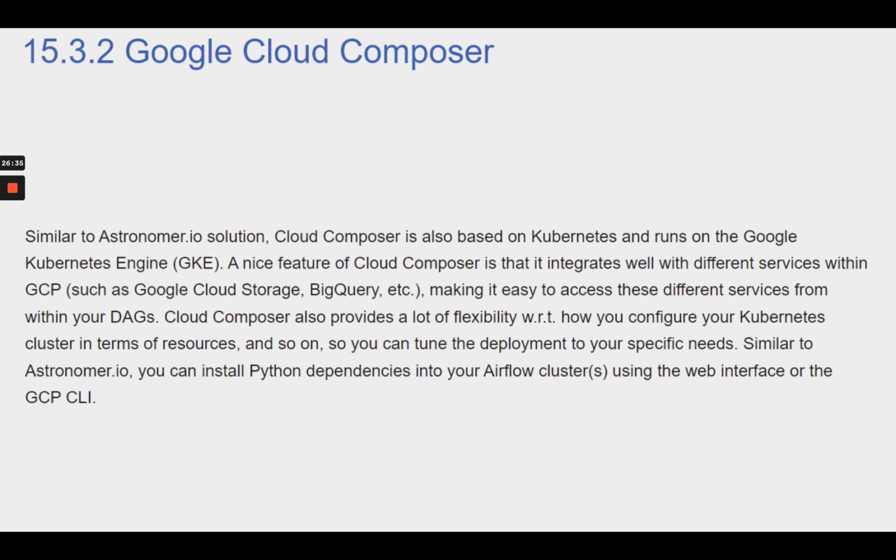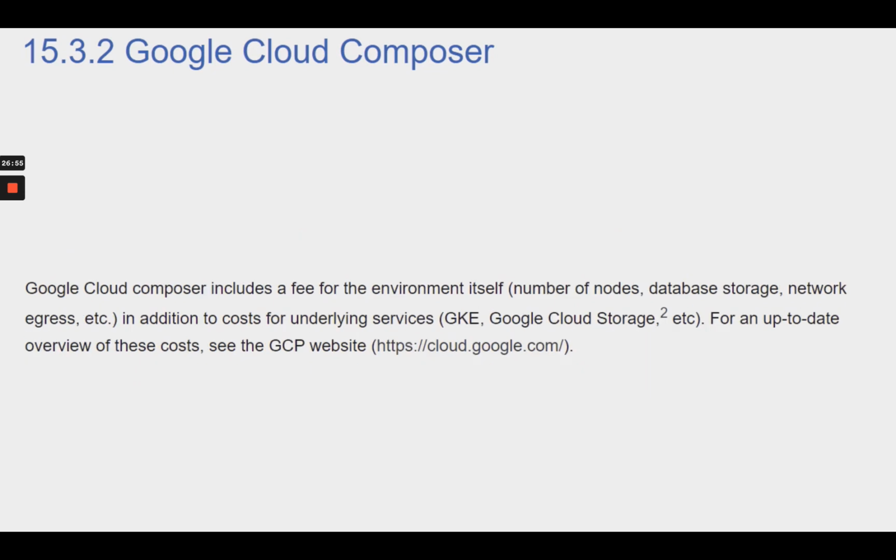Cloud Composer also provides a lot of flexibility with regard to how you configure your Kubernetes cluster in terms of resources, and so on, so you can tune the deployment to your specific needs. Similar to Astronomer.io, you can install Python dependencies into your Airflow cluster or clusters using the web interface or the GCP CLI.